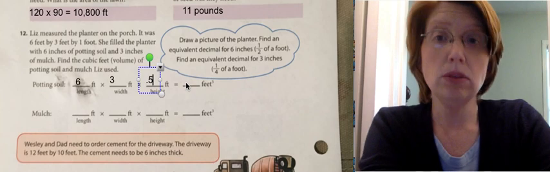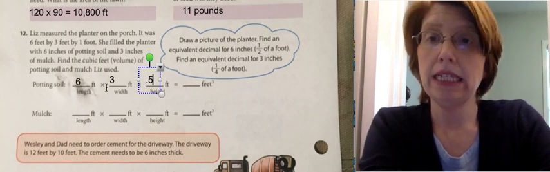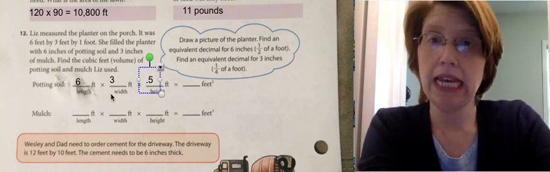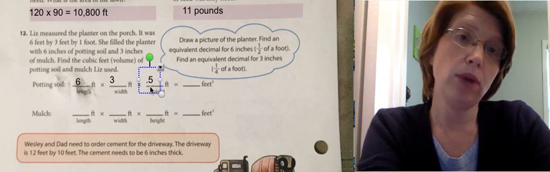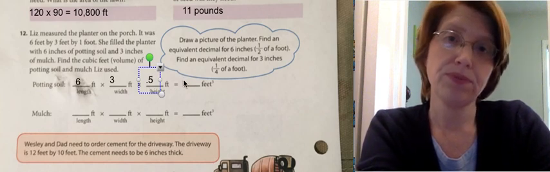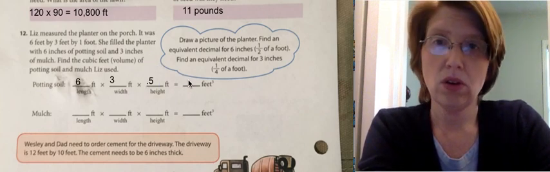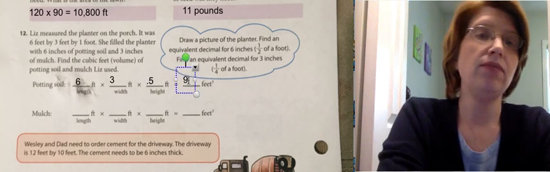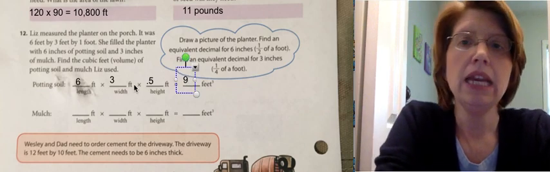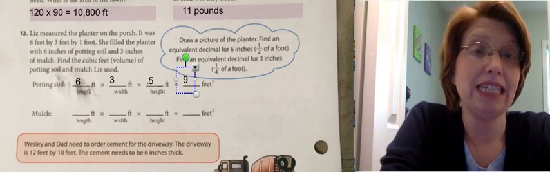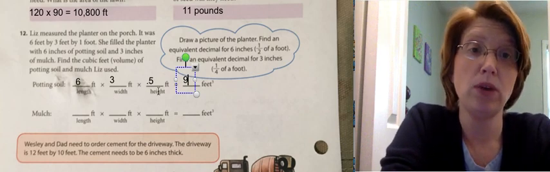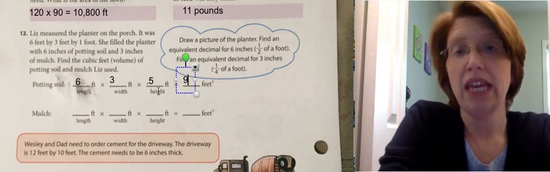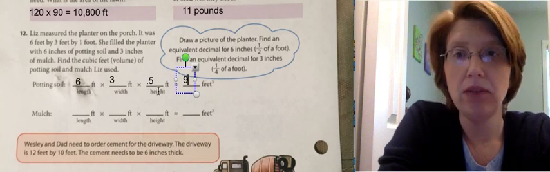So then when I multiply that, I get 6 times 3, which is 18, times 0.5 would be 9 feet. And if you understand that this is 18 and multiplying something times 0.5 is half, then it would be 9. That would make sense.